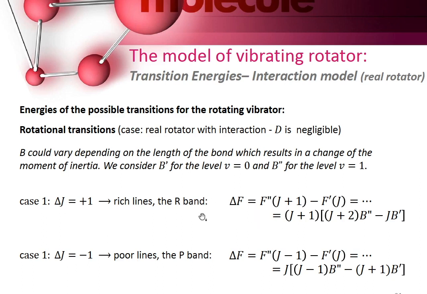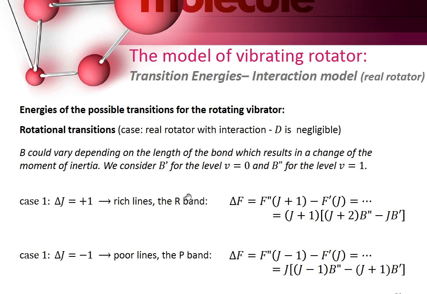So basically, we are going from one level of vibration V to another, higher level of vibration, so from V equals 0 to V equals 1. But since the value of B is expected to be different at these two levels of vibration, then its rotational spectral term in these levels would be different.